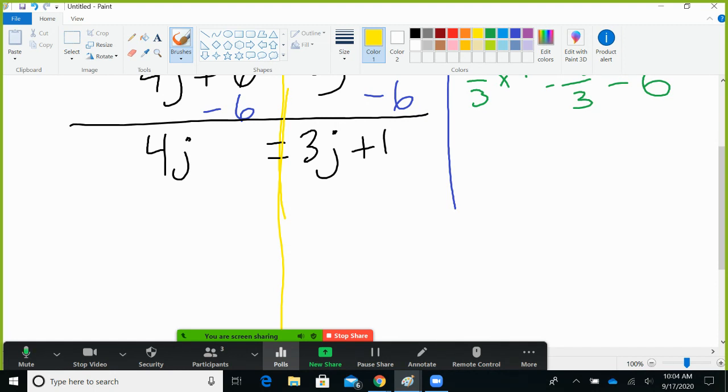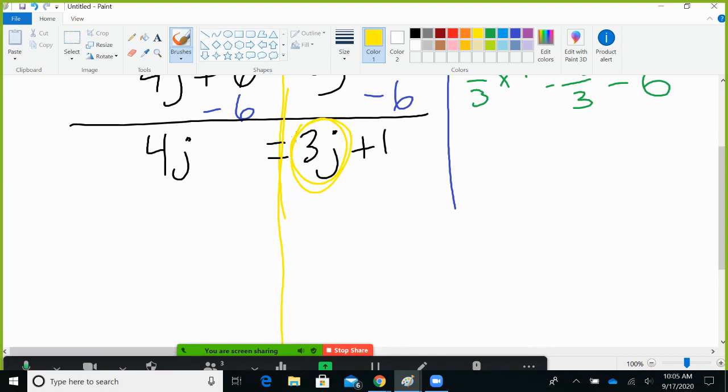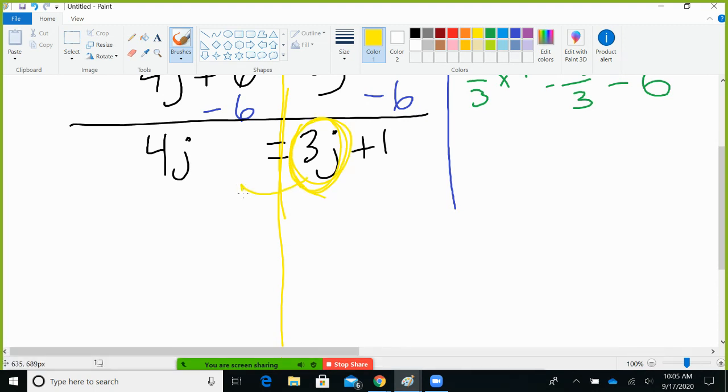It's on opposite sides, so we can't just combine them, but we do have to move one to the other side. So how do we move this 3j over here? Well, since you're taking both the 3 and the j over, we're not going to divide it, we're going to subtract it.